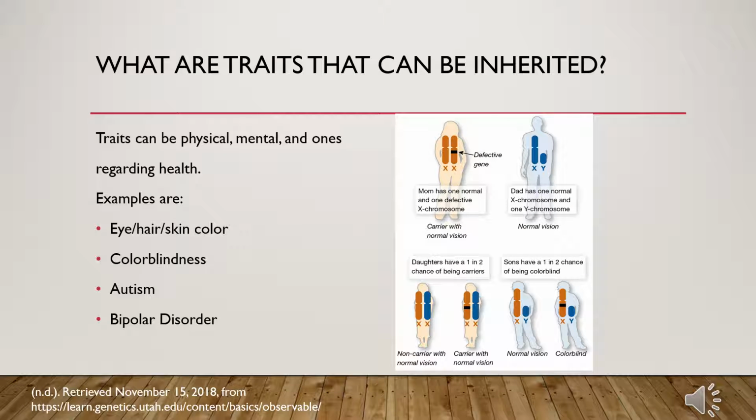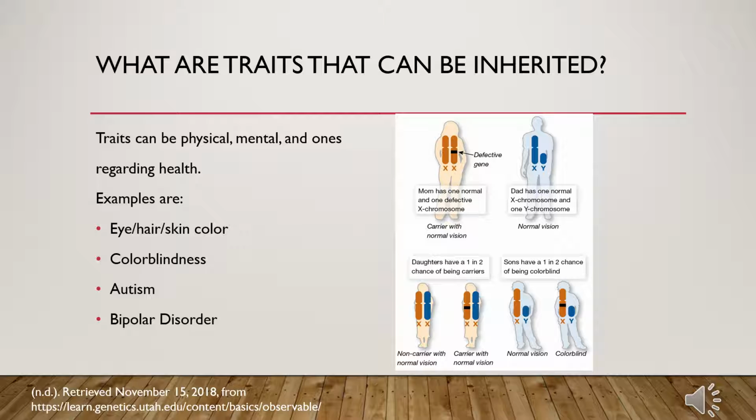Next, we're going to be talking about traits. Traits are inherited from your parents. Every single trait about you is inherited, whether it's physical, mental, or health-wise. When we take a look at physical genes, this is your eye color, your skin color, your hair color. Do you have a short nose? Do you have a round nose? Are you tall? Are you small? Different stuff like that.